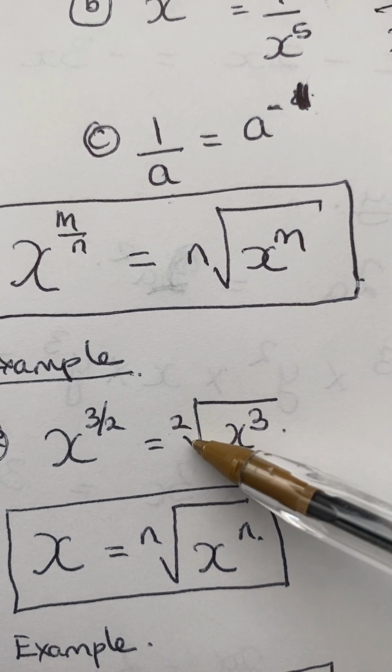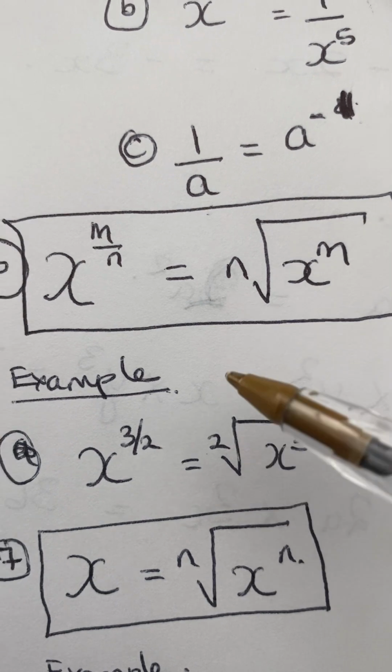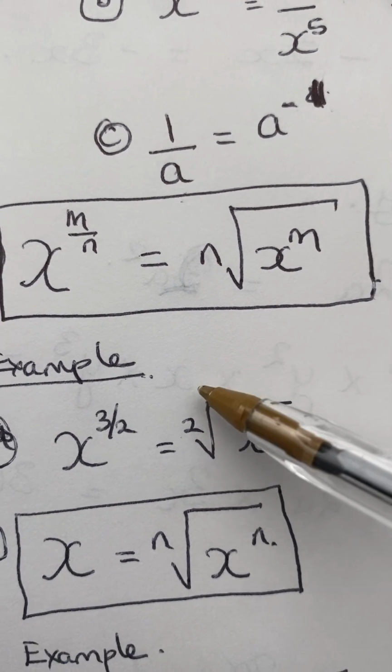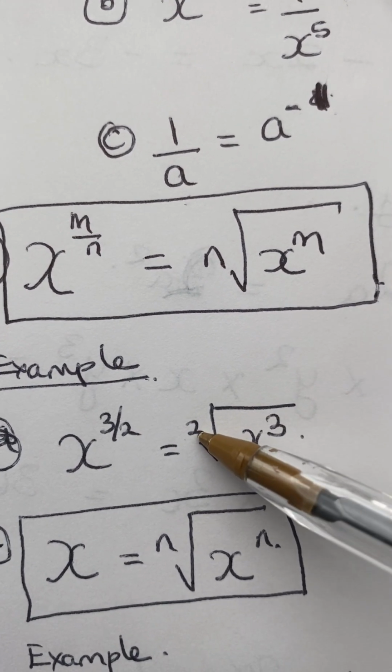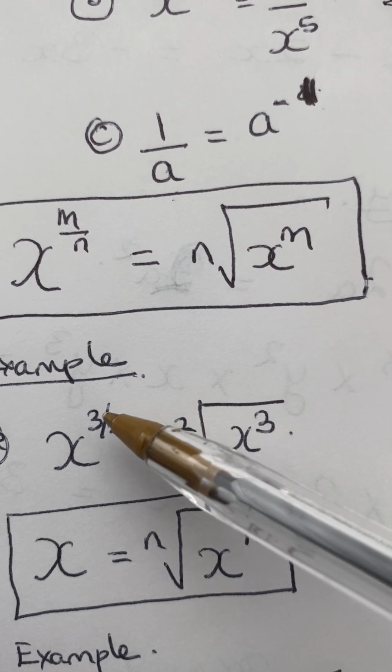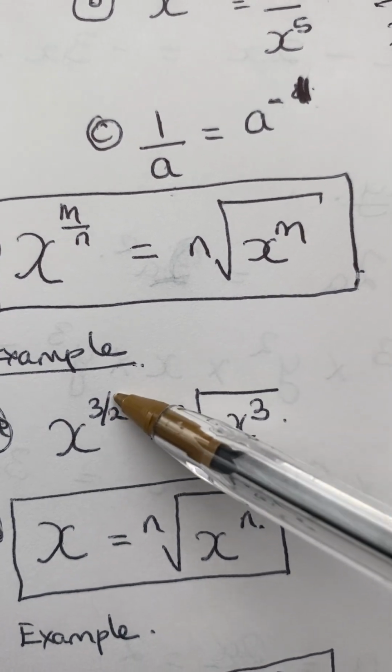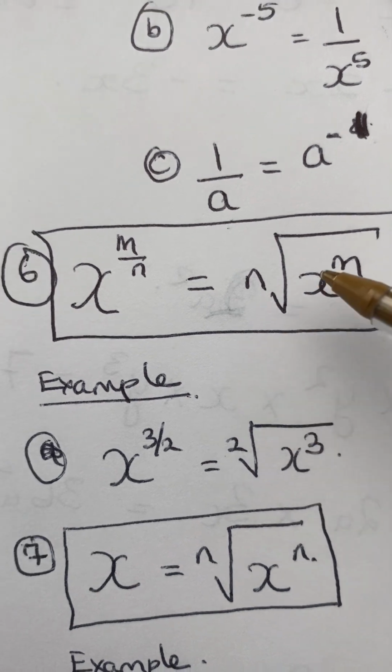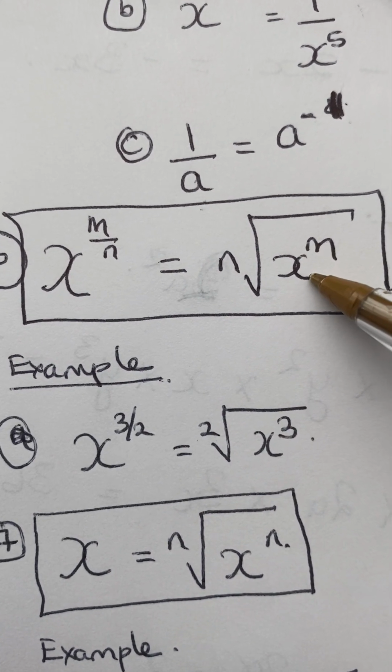Okay, this is a square root, not a cube root. Normally for square roots we don't write the 2, but I'm writing it to show you where the 2 will go. That is the meaning of this.